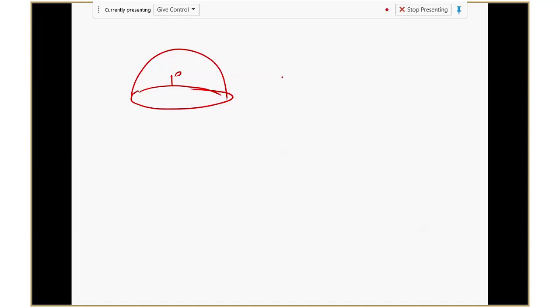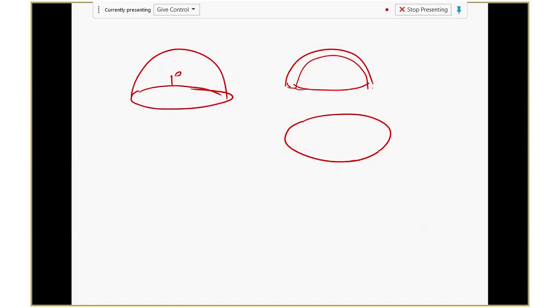The top will be the sphere itself, and the bottom will be just a disk, a spherical disk. That's the bottom, a cap of this half sphere.